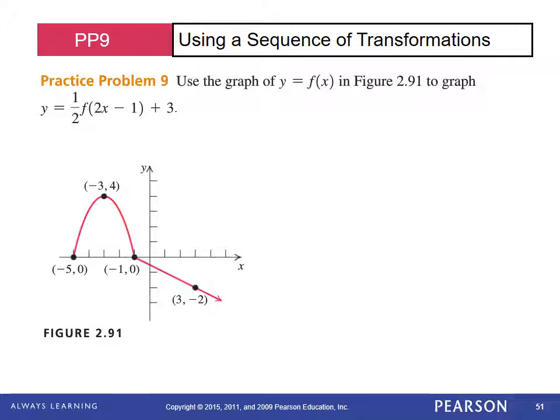All right, let's go for it here. Again, if you have the textbook in front of you, you want to just copy it out, that's fine too. All right, use the graph, this guy here, to graph now this one.